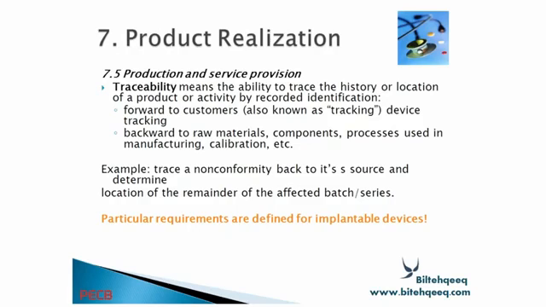Requirements are defined for implantable devices. So you have to develop a mechanism for traceability. By using this mechanism, you must be able to trace the history of any device you have shipped to the customer or you have purchased from any supplier.